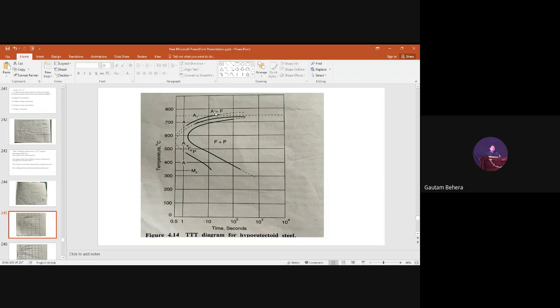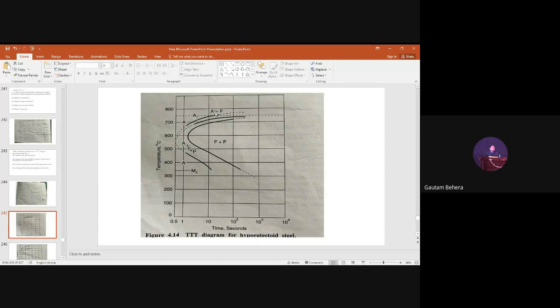This ferrite is the pro-eutectoid ferrite, if you remember. So the transformation of austenite into any product, basically into pearlite, is somewhat different.